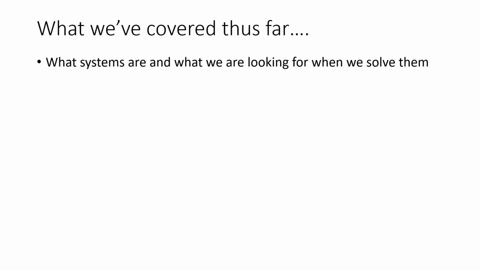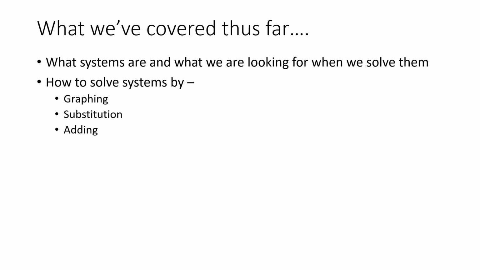So a system is more than one equation containing more than one variable. And what are we looking for when we solve them? Well, we're looking for the value of those variables that will make all of the equations in the system true. So we know what they are, and when we are told to solve them, what we're looking for.